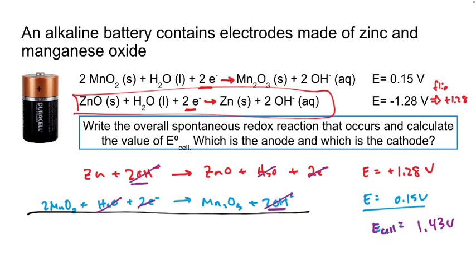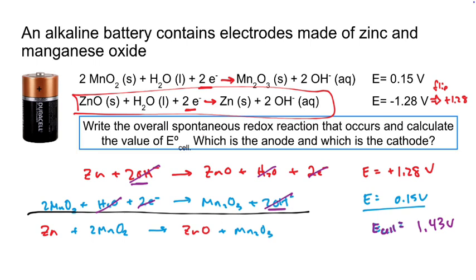The water also cancels, which then means I get zinc plus the 2MnO2 goes to the zinc oxide plus the Mn2O3. Make sense? Okay, so I now have a proper overall equation for the spontaneous reaction.